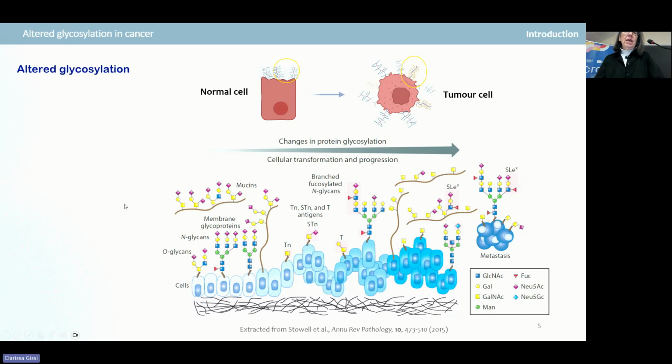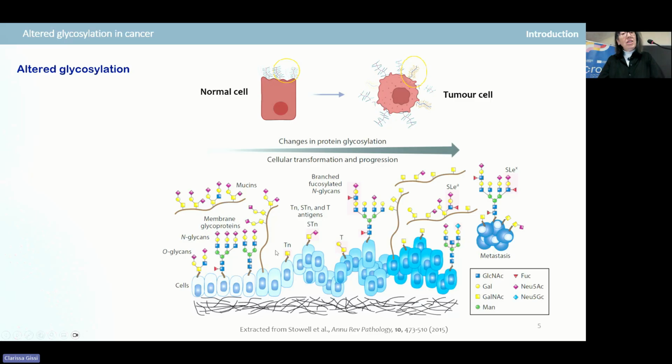In tumor cells, it has been described that the glycosylation found in the extracellular part of the cells is changed. So the glycans that are attached to glycoproteins and glycolipids change in composition and structure. Here I will show you some of the main changes.